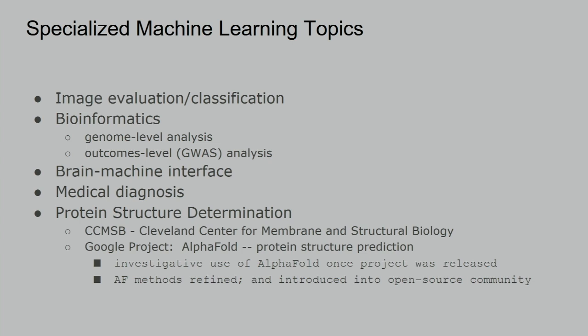Medical diagnosis, I'll give a bit of attention to. Protein structure determination is the most interesting to me relative to large language models, because as I understand it, large language models are not given a grammar in advance. They just go and learn it. So protein structure determination is very similar.